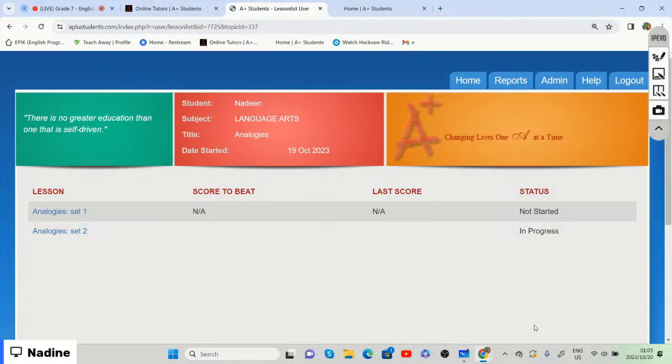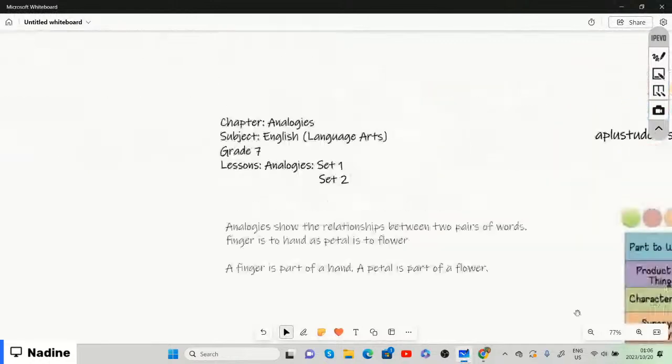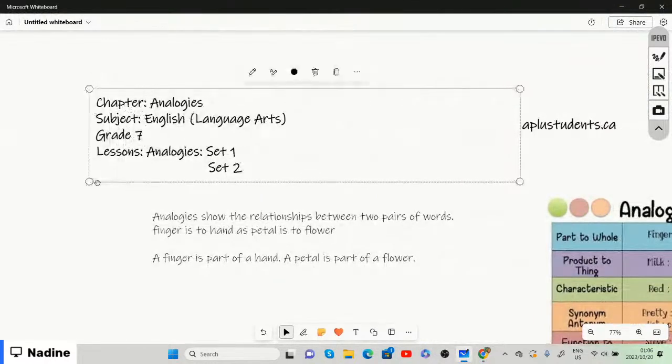There's basically going to be two lessons that we are going to focus on under the chapter analogies. So our chapter is analogies, our subject is English, which is language arts, grade 7. And the lessons that we are focusing on are analogies set 1 and analogies set 2.